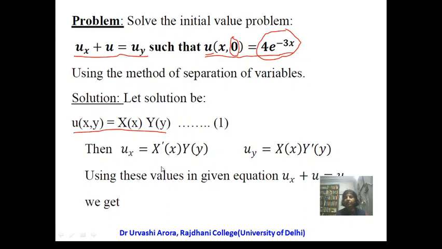Similarly, the partial derivative of u with respect to y is X of x into Y dash y, because when you differentiate u with respect to y partially, it is only Y which gets differentiated with respect to small y, because capital X does not involve any term of small y.